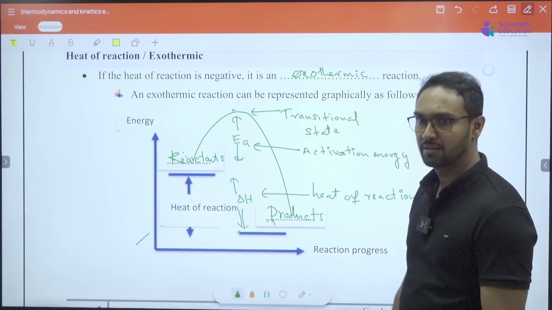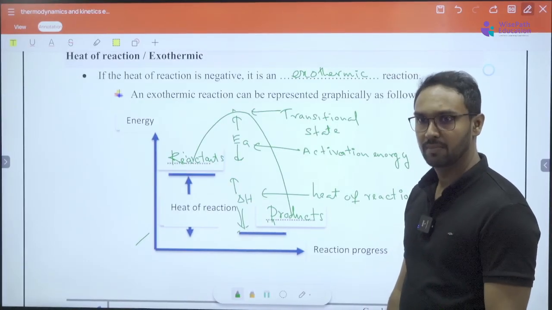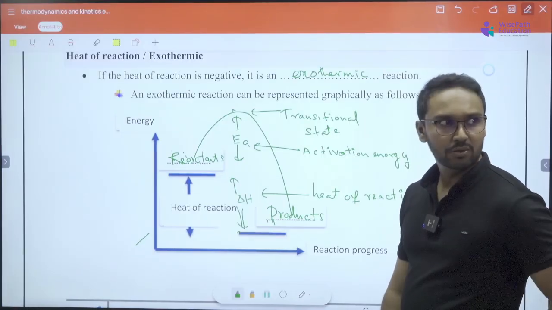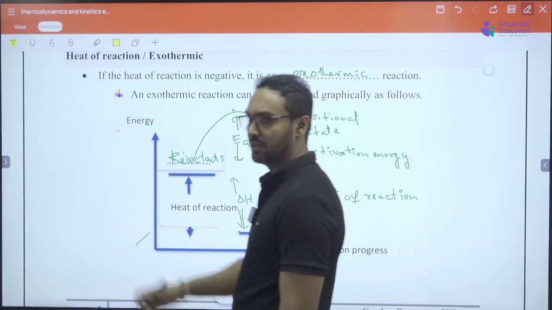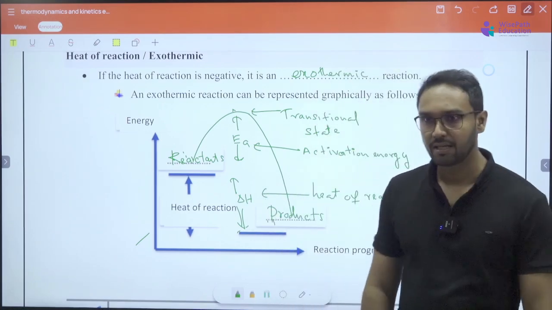It's always good to draw the whole diagram because you will get questions like that, to draw the energy diagrams of an exothermic reaction and an endothermic reaction.